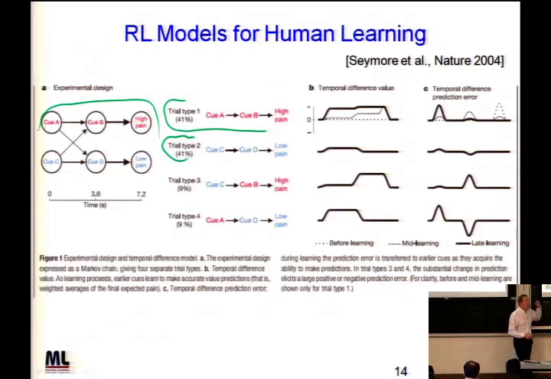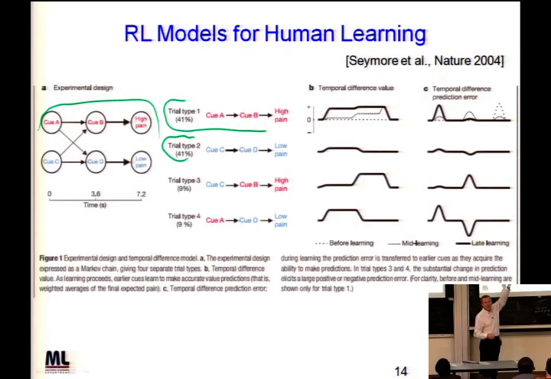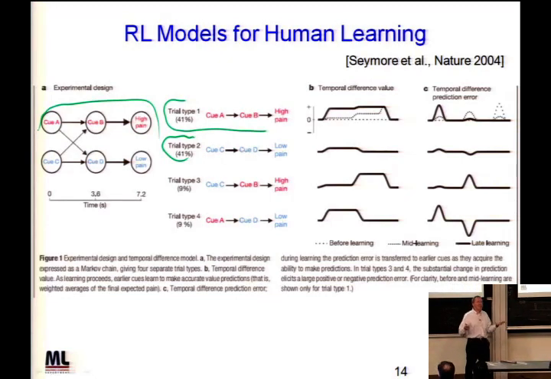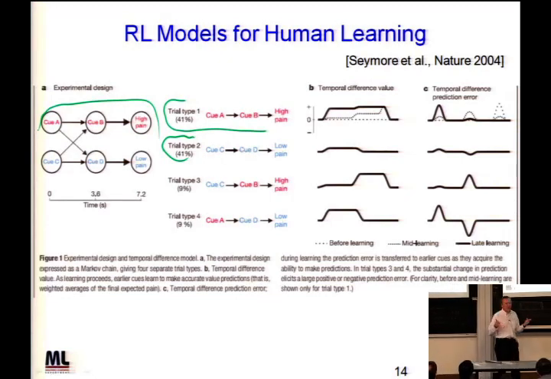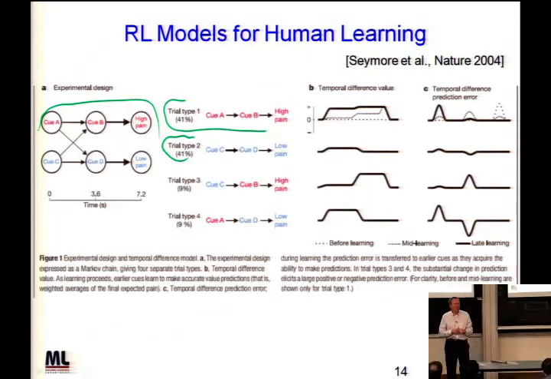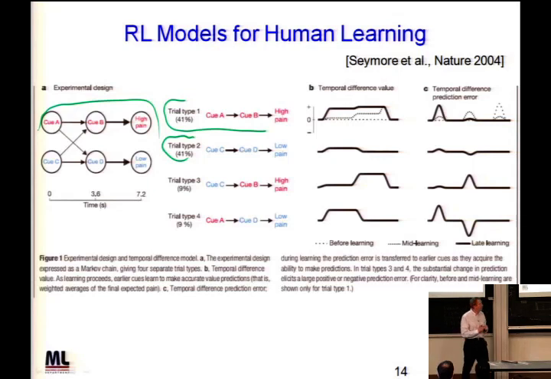Let's ask what would that training error signal look like over time if we had a reinforcement learning algorithm learn this. And then let's look and see if anywhere in the brain of these people behaves the way that training signal does.